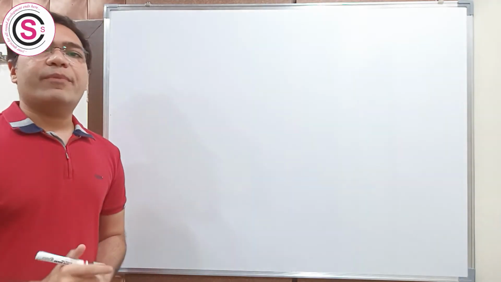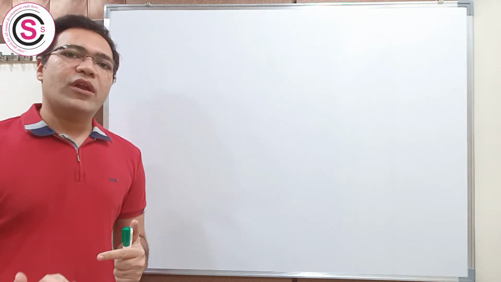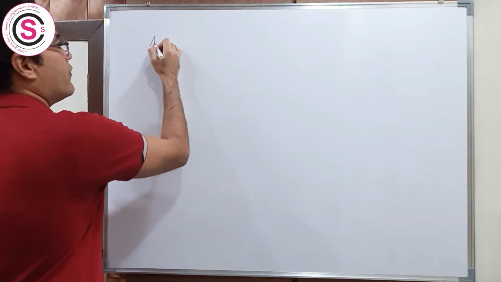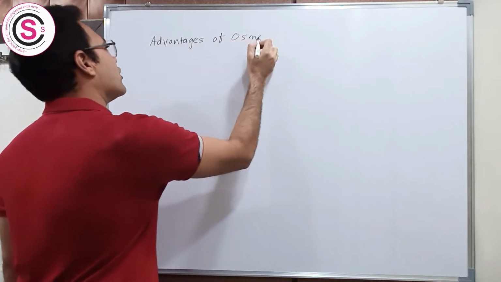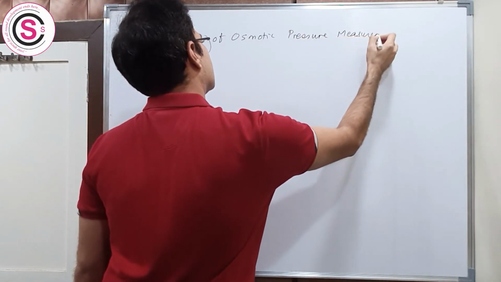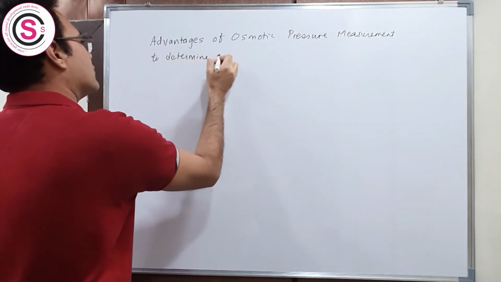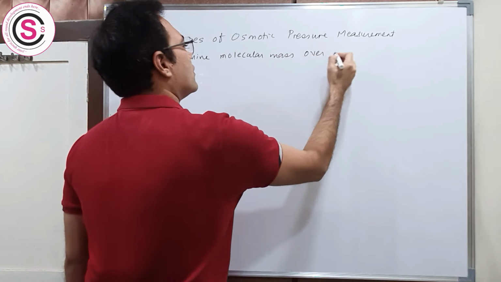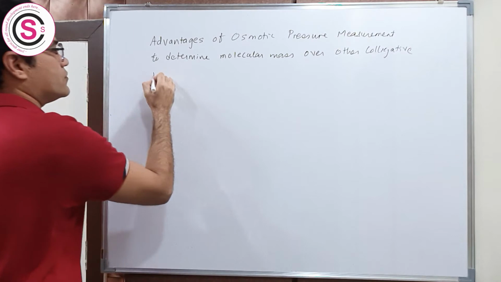Now students, the osmotic pressure measurement method offers certain advantages to determine molecular mass as compared to other colligative properties. Okay, so let us understand the advantages of osmotic pressure measurement to determine molecular mass over other colligative properties.